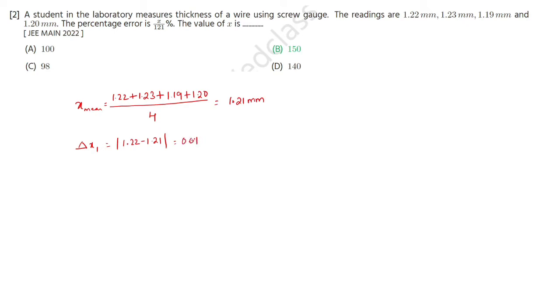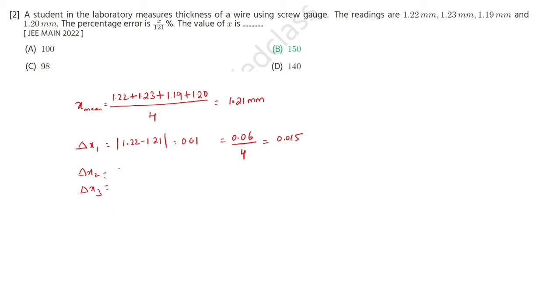So if you continue like this, you will get the values for absolute errors, that is delta x1, delta x2, delta x3 and so on, and the final sum will be 0.06 divided by 4, and it will be again 0.015. Like this, children, delta x1, delta x2, delta x3, all the values you should find.